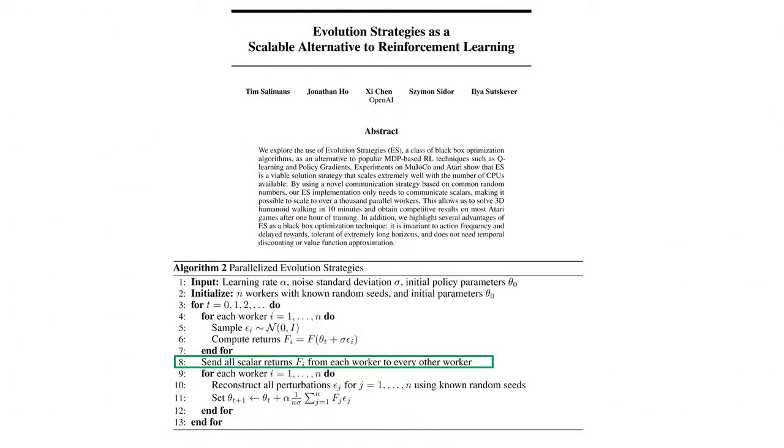I had read an interesting paper from OpenAI researchers, Tim Salimans et al., and I've made that little green box in Algorithm 2, line 8, where they had come up with an interesting approach where instead of having to send the entire parameter vector for each node back to all the other nodes so that they could then do some mutations and recombinations, they came up with a very interesting trick where essentially they seeded all the nodes with the same parameter vector coming from, let's say, some master node, and then they knew what the random seed was in each of those nodes to do the mutations.